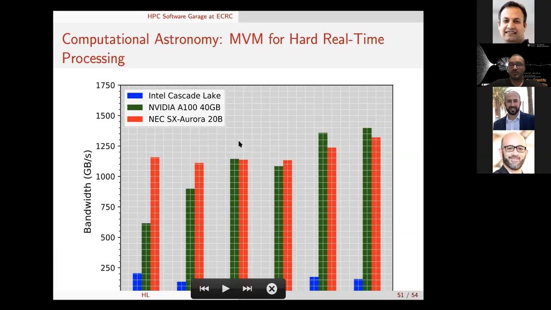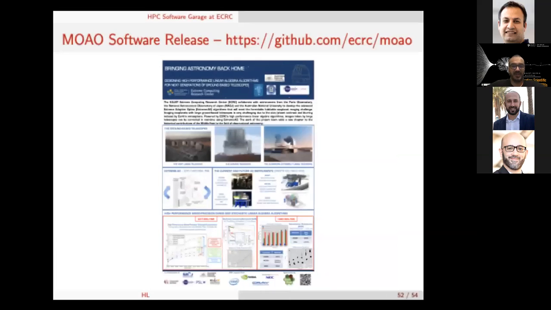NEC SX also has HBM2 there, but the A100 is able to surpass or beat basically NEC for larger matrix sizes.